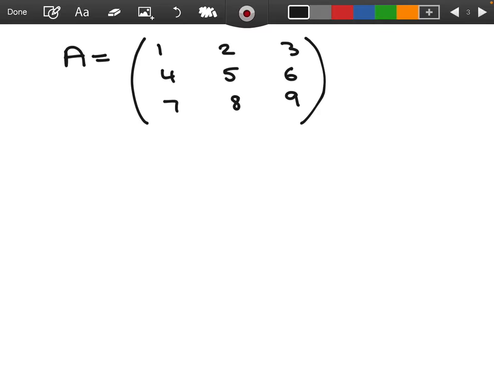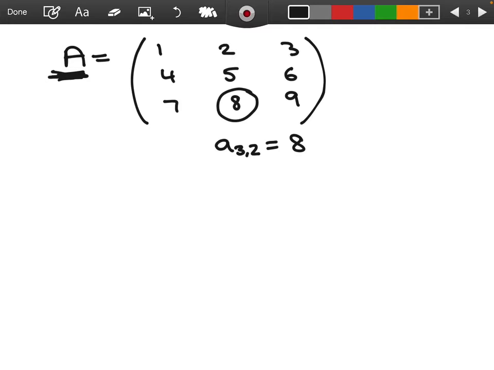So we're going to call this capital A. It's going to be what this matrix is called. And then we also need to deal with subscripts, because let's say I am referring to this entry here, this 8. I would refer to this as a3,2. So a3,2 is equal to 8.